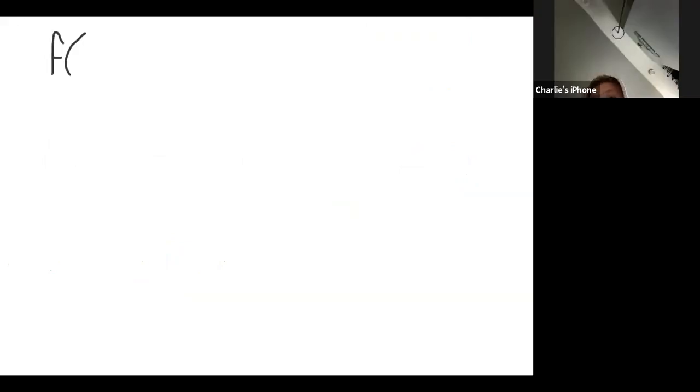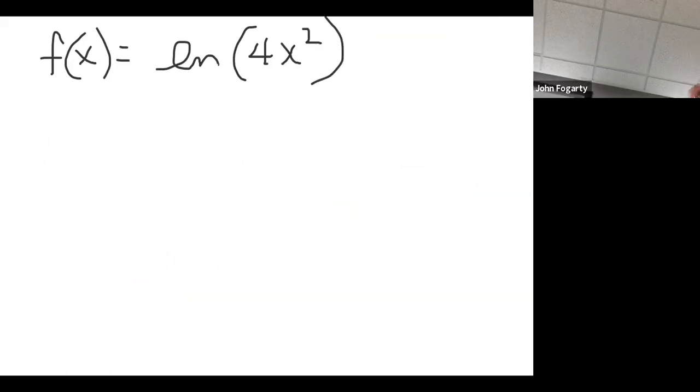All righty. Let's do one more, a little more complicated. Not crazy, though. Take the derivative of the outer and multiply it by the derivative of the inner. Off you go.